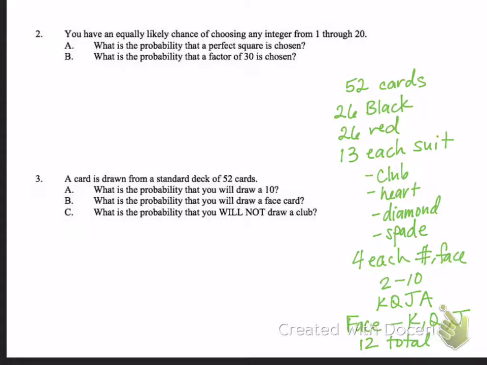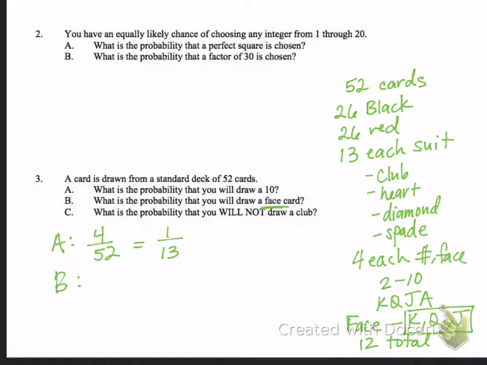And then if we were talking about face cards, we would be talking about king, queen, and jack. Ace is not considered a face card because it doesn't have a face. So for part A, what is the probability that you will draw a 10? You get 4 out of 52, which reduces to 1 over 13. For part B, what is the probability that you will draw a face card?